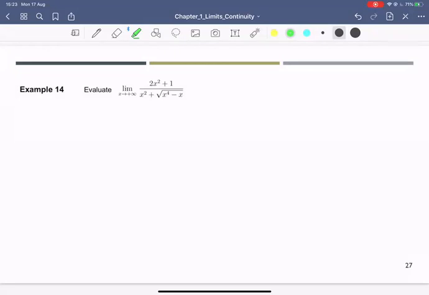So number 14 first. If you want to guess the answer, this is what you should do: you guess your answer first. The highest degree in the numerator is 2. And for x to the fourth power, we have to take the square root, so it is going to reduce to x squared, because this is x to the fourth power.